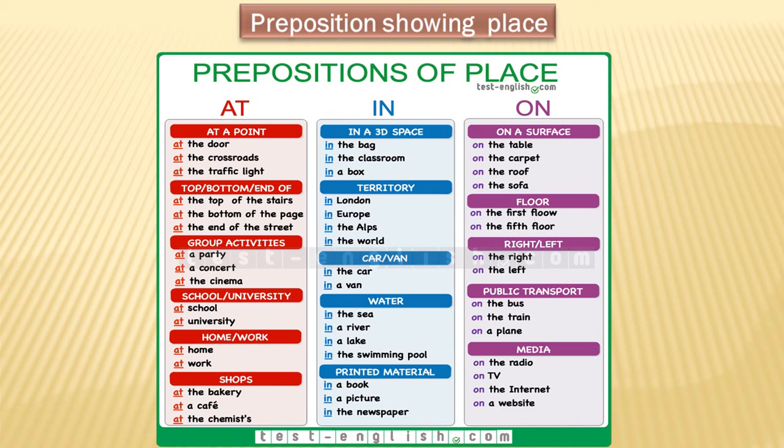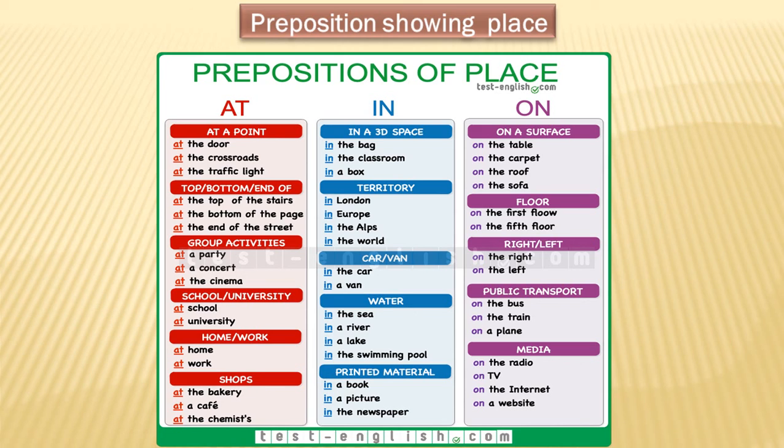If you look at the chart, you can very easily understand the preposition of place. Preposition of place: at, in, on. These three prepositions have been used here. At a point: at the door, at the crossroad, at the traffic light. At is used before this. At a point.